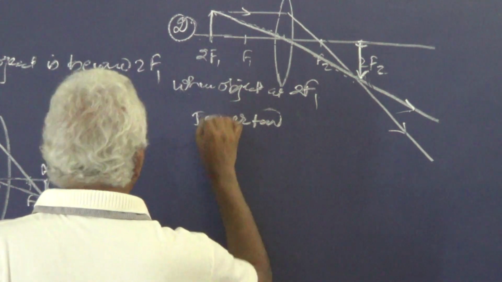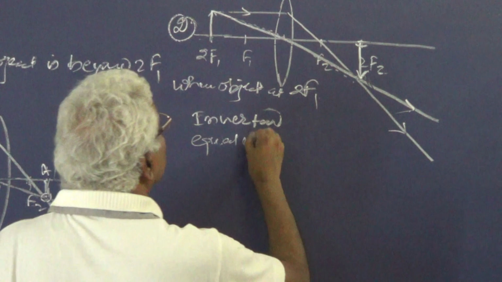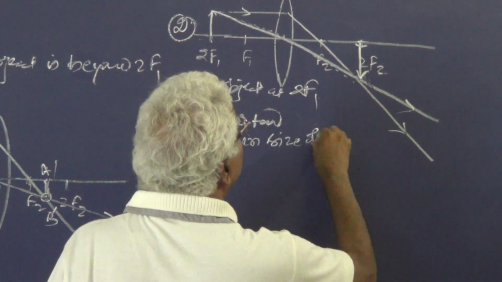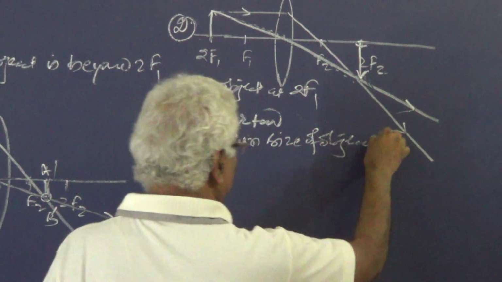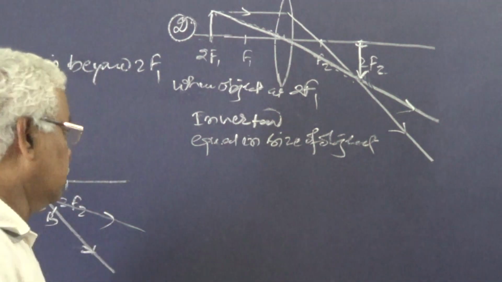Inverted, equal in size to the object. So the size of the object is equal to the size of the image.